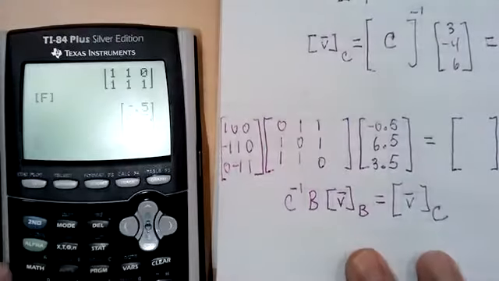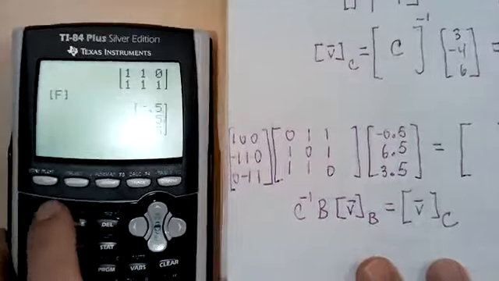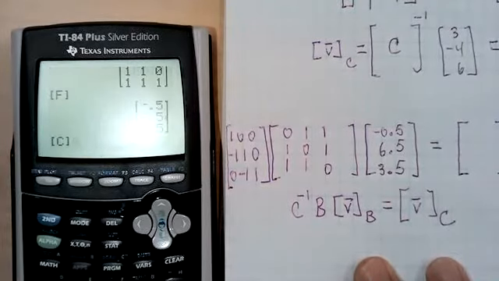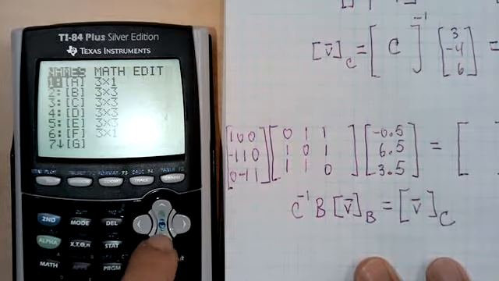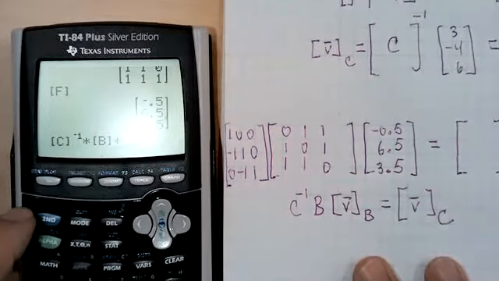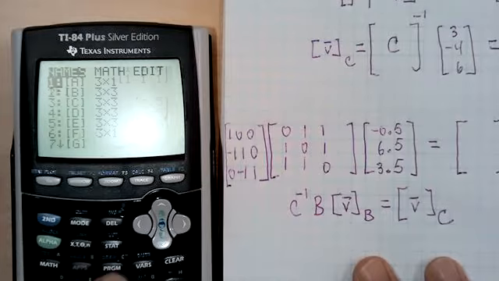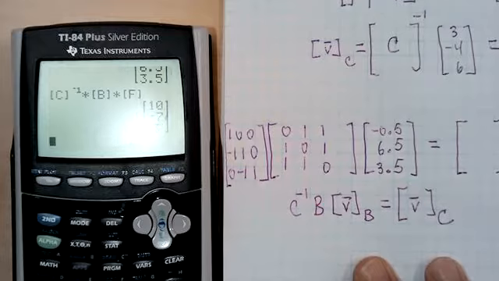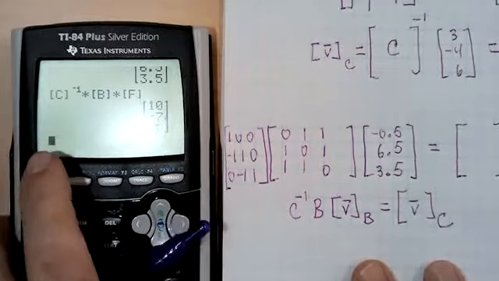All right, so on the calculator, matrix C, take its inverse, multiply by matrix B, then multiply by the vector which I stored in F. 10, minus 7, 3.